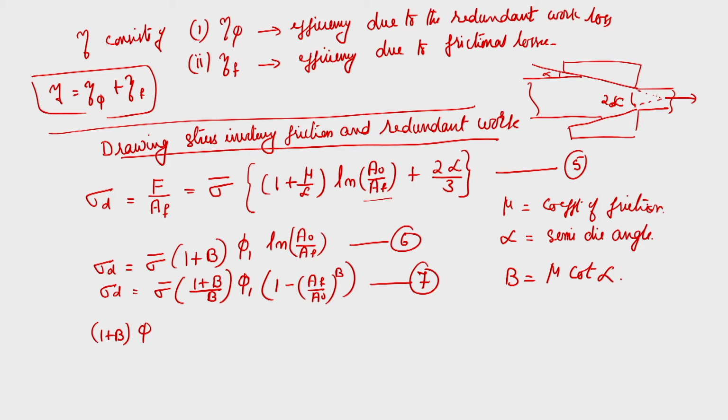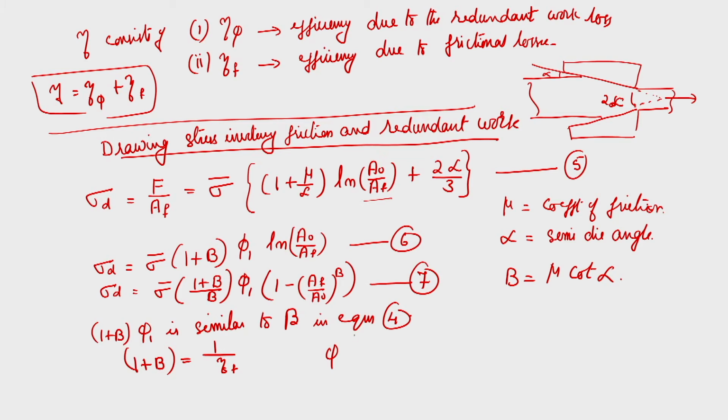And so we can say that 1 plus b is similar to, or has the same meaning as, 1 plus beta in equation 4, because b is nothing but a function of your coefficient of friction.